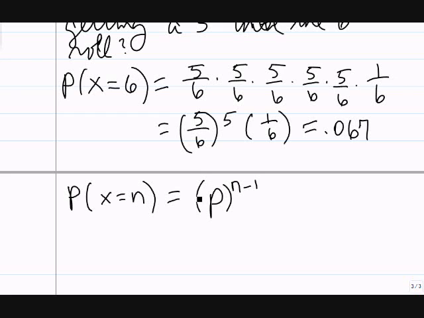I have to fail, and then I get 1 success to the 1st power. So you can throw these in your calculator.